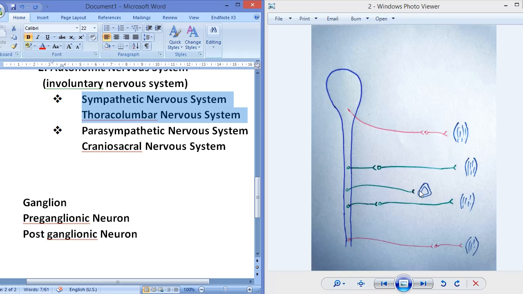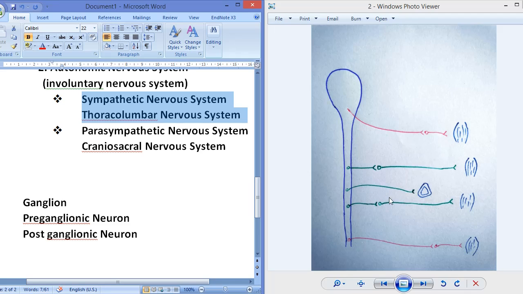So in the sympathetic nervous system, there is always a ganglion over here, a ganglion over here, a ganglion over here. But you can see over here that this neuron is not having a ganglion.